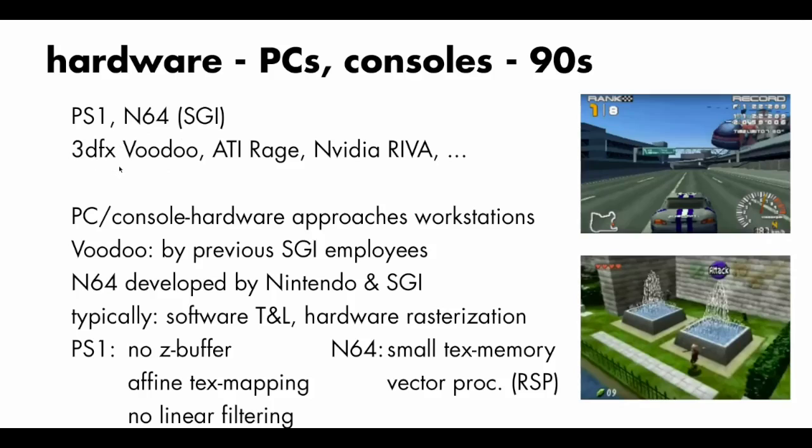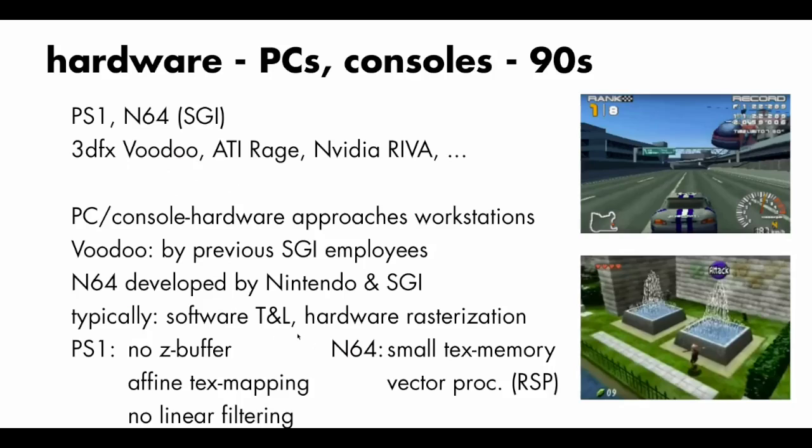And in the PC area, we have Voodoo and Rage and Riva GPUs by the big names of GPU companies at the time. Voodoo was founded by previous SGI employees actually, and they wanted to bring their stuff to consumer hardware. Again, N64 was developed jointly by SGI and Nintendo.